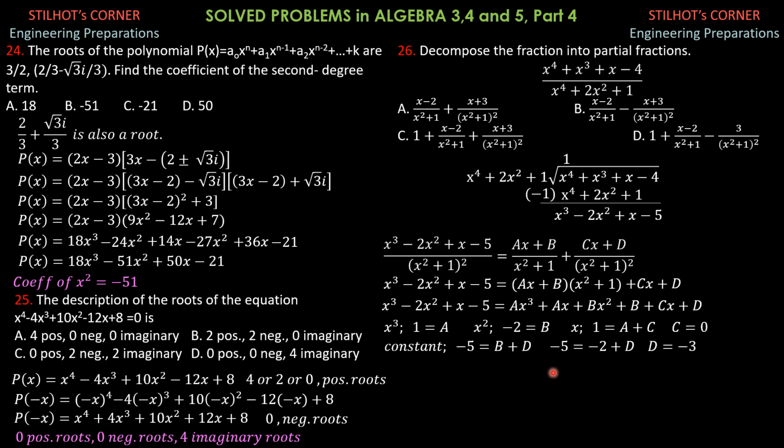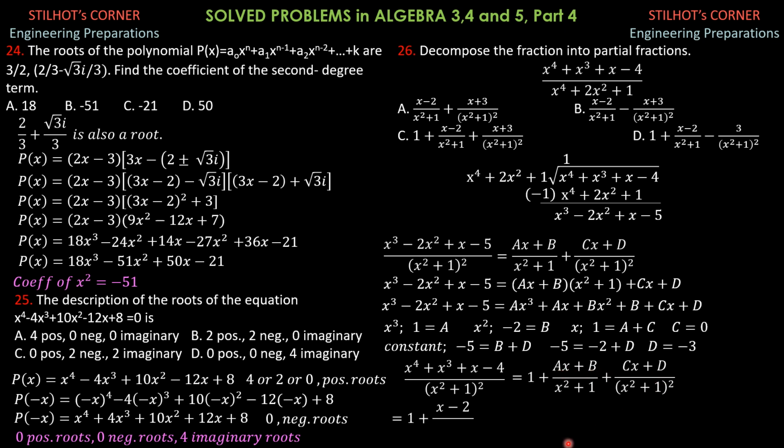So therefore, this fraction is decomposed into 1, x to the fourth plus x cubed plus x minus 4 over quantity x squared plus 1 squared equals 1 plus ax plus b over x squared plus 1 plus cx plus d all over quantity x squared plus 1 squared. Substituting the values of a, b, c, and d.